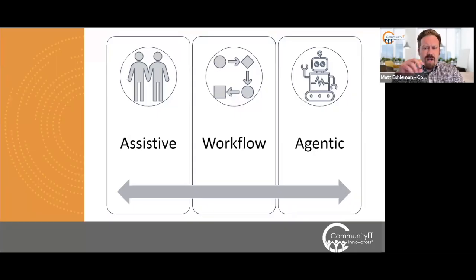So the first category on this continuum of how AI solutions are being used is really the assistive technology model. That would be, again, Copilot, Microsoft's branding term, where it acts as an assistant to you, the human who remains fully in control.